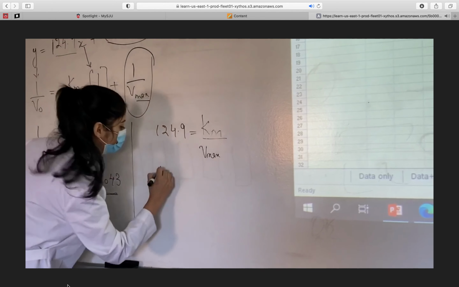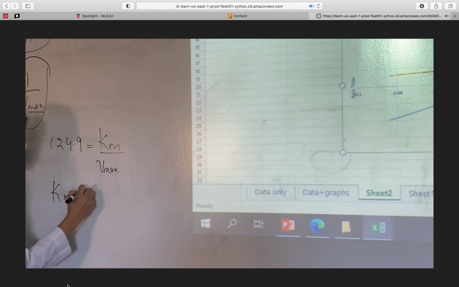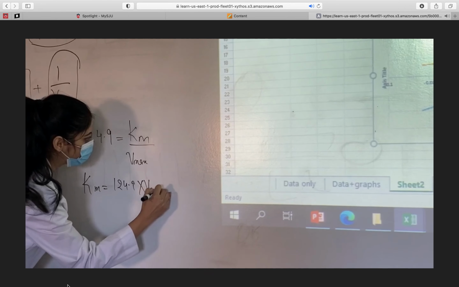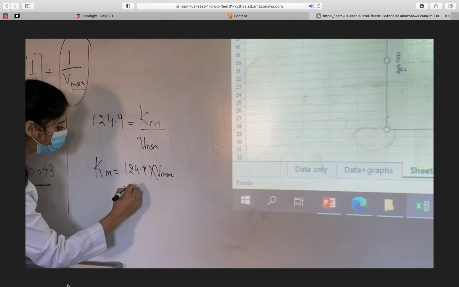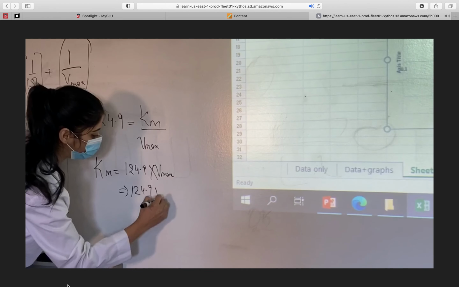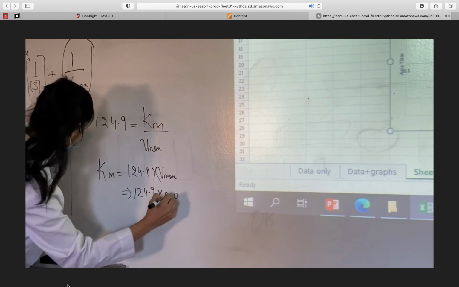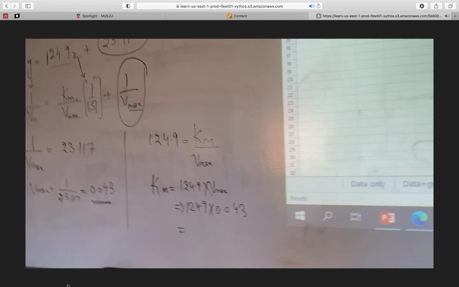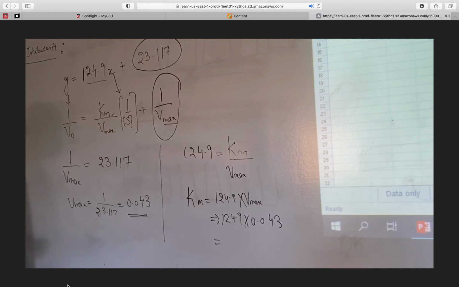So we put in the value: Km is equal to 124.9 times 0.043, and the final answer is 5.37.